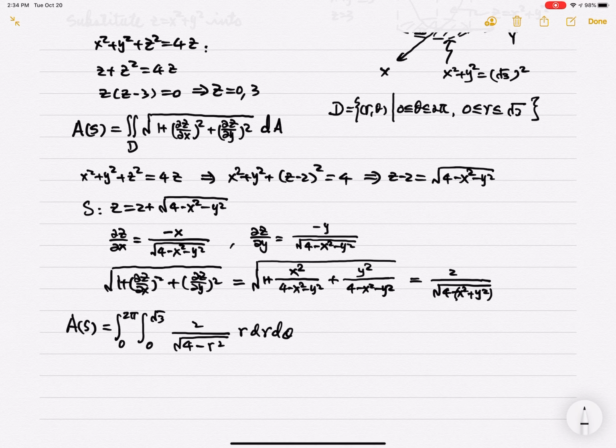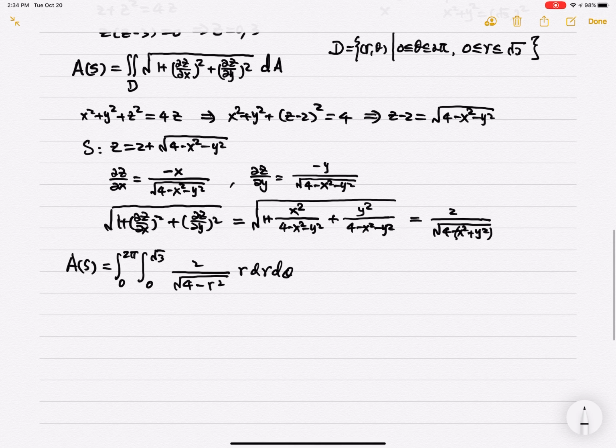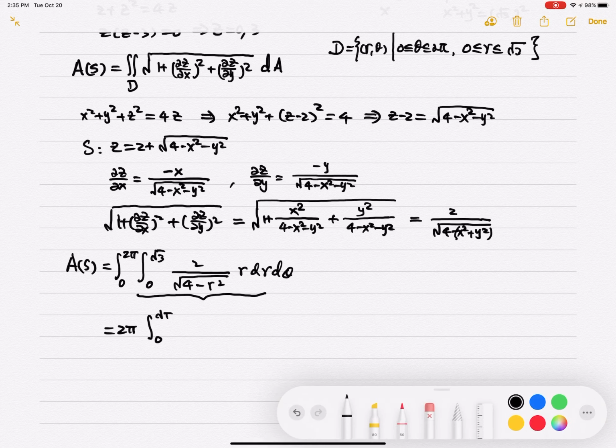Now you see the integrand is independent of theta, so this whole integration is independent of theta. You can move it out, and the integral from 0 to 2 pi of d theta is just equal to 2 pi. Okay, and then 2r dr is equal to d r squared, right?